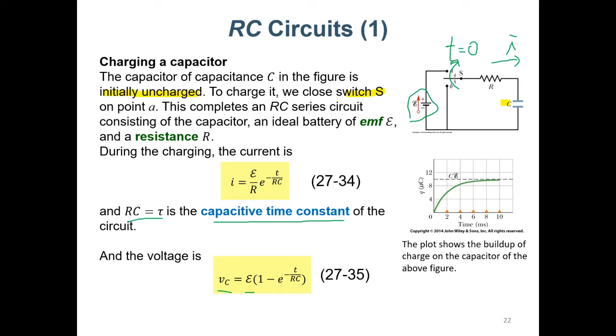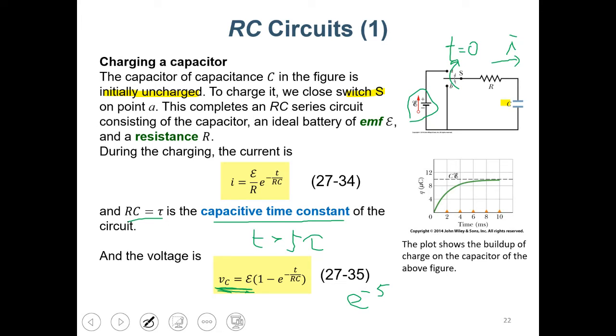Usually, we will assume that when t is larger than 5 tau, then this term is approximately 0, because you can consider e to the minus 5 should be a very, very small number when you use a calculator to calculate this value.